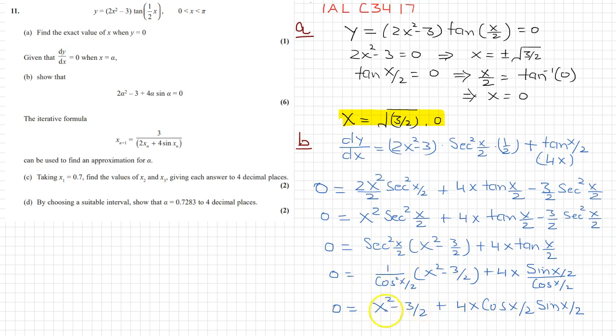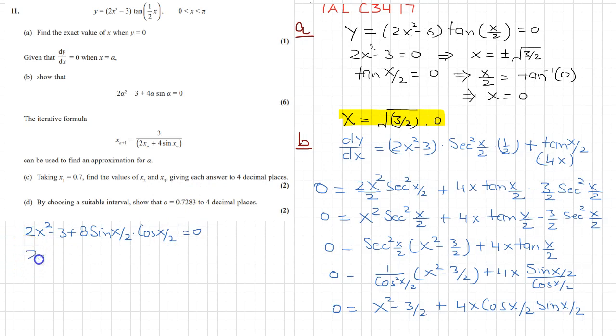Now if we multiply all by 2, we have 2x² − 3 plus 8x sin(x/2) cos(x/2) is equal to 0.